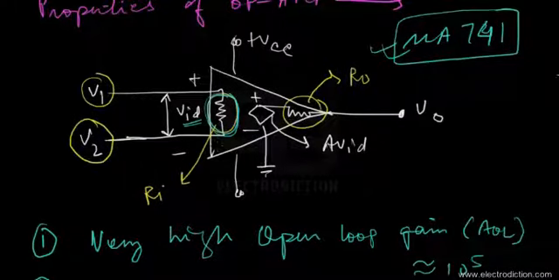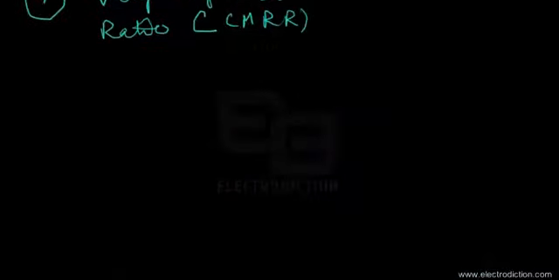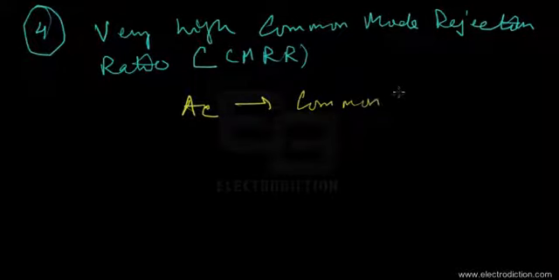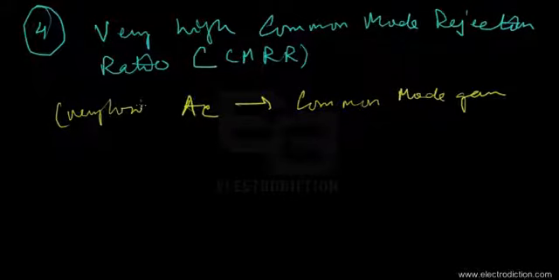So we can say that the op amp offers a very low common mode gain. Here I'll use the symbol AC to denote common mode gain. That's the characteristic of an ideal op amp.